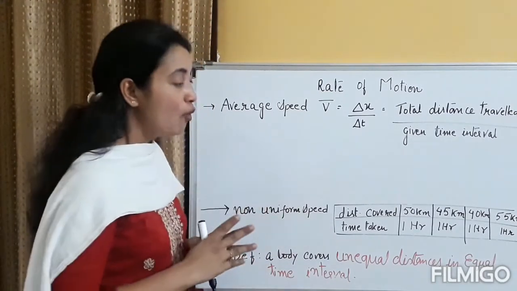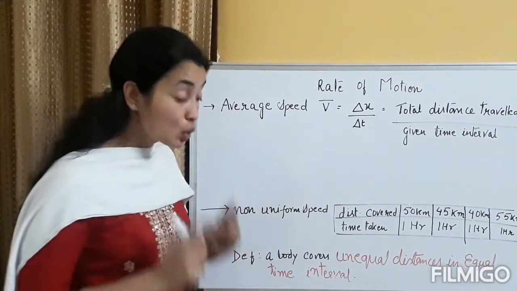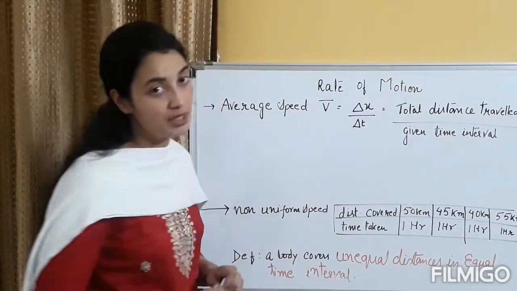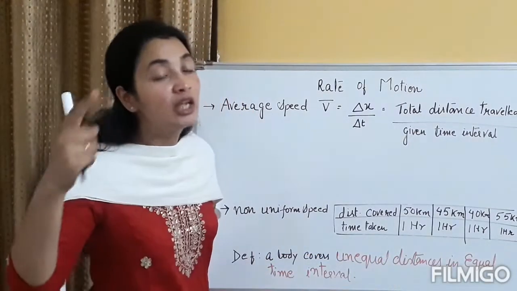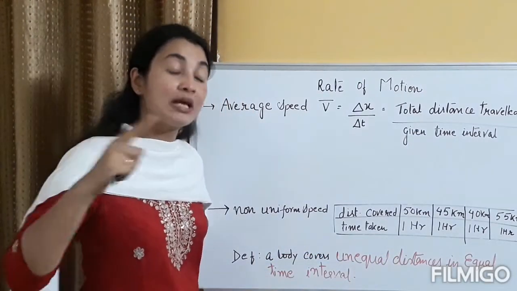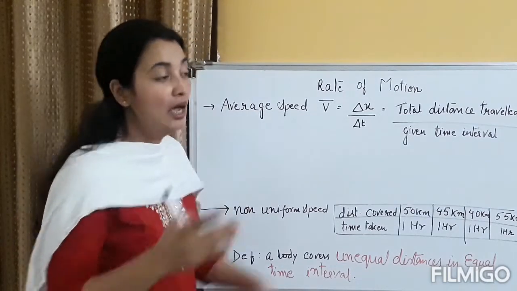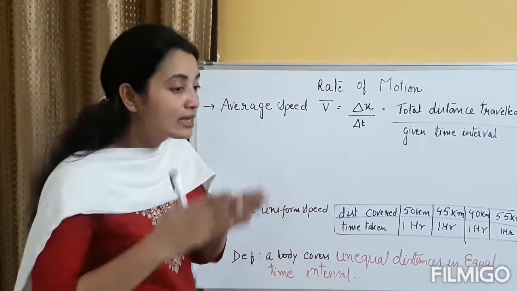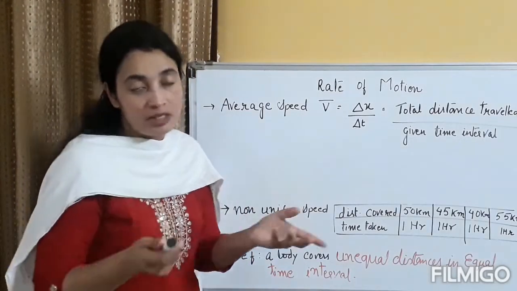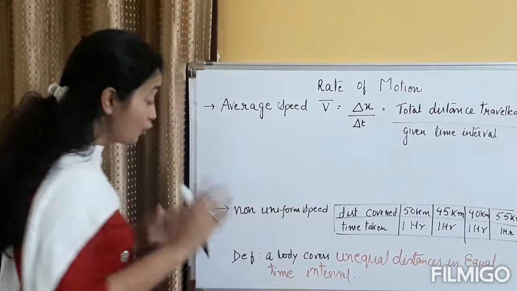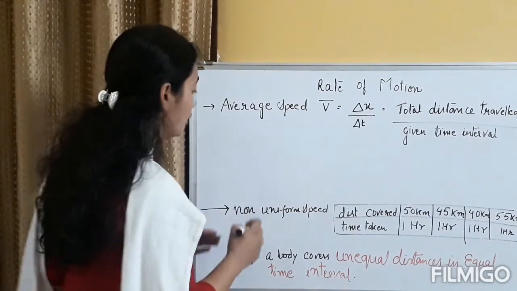There is no fundamental rule to write always equal time intervals. You can have equal distances in unequal time intervals. That is also a correct way of defining. When a body covers equal distances in unequal time intervals, that is also non-uniform speed.